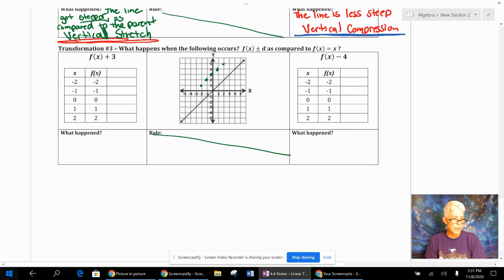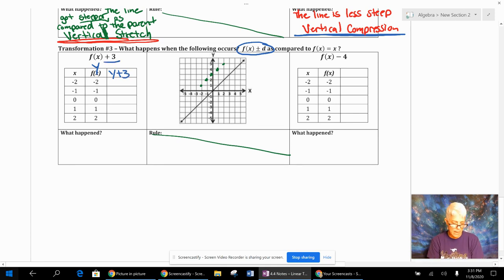Now, what happens if I add to the function? What happens if I add or subtract to the original y? That would mean the same as, instead of y, it would be y plus 3, since that's the example I'm giving you.